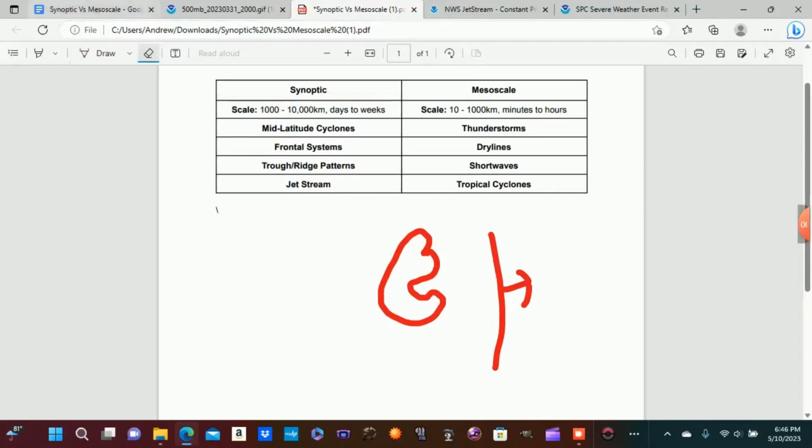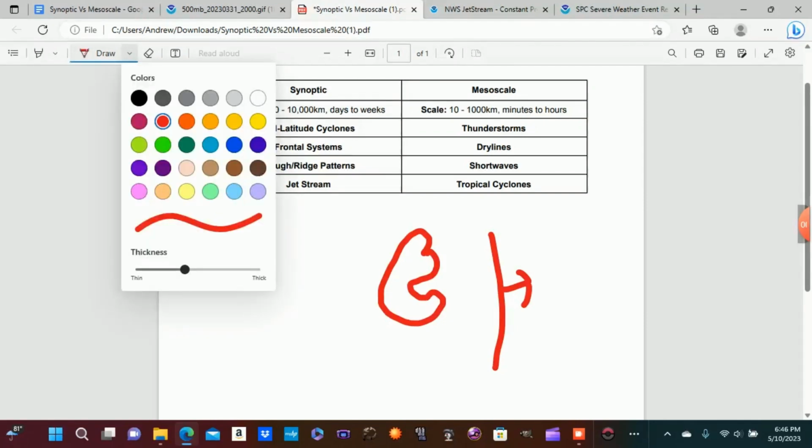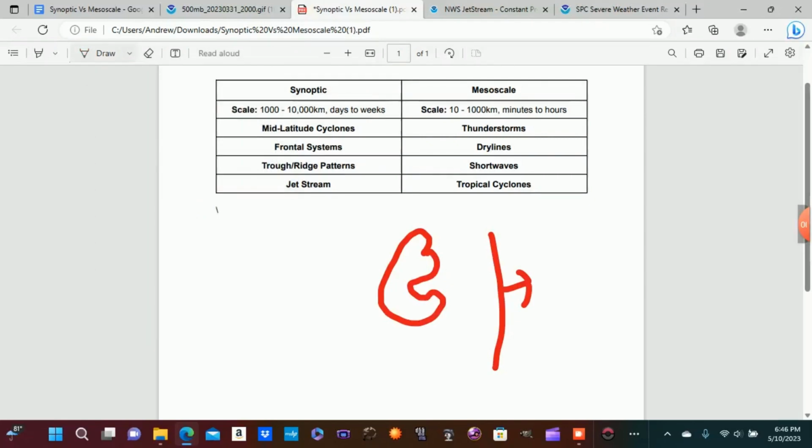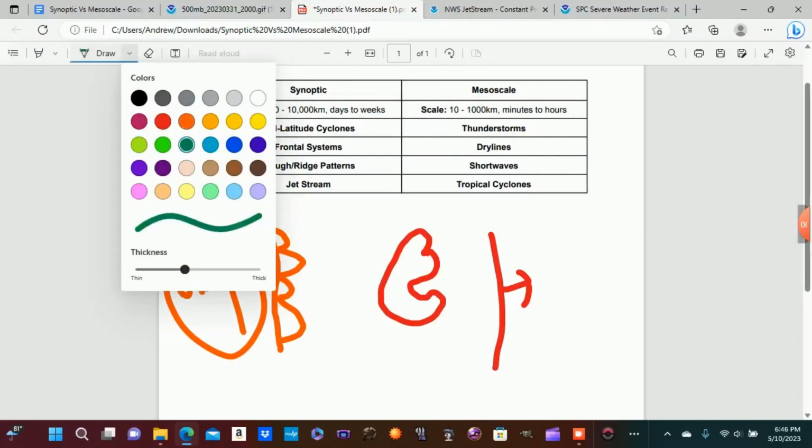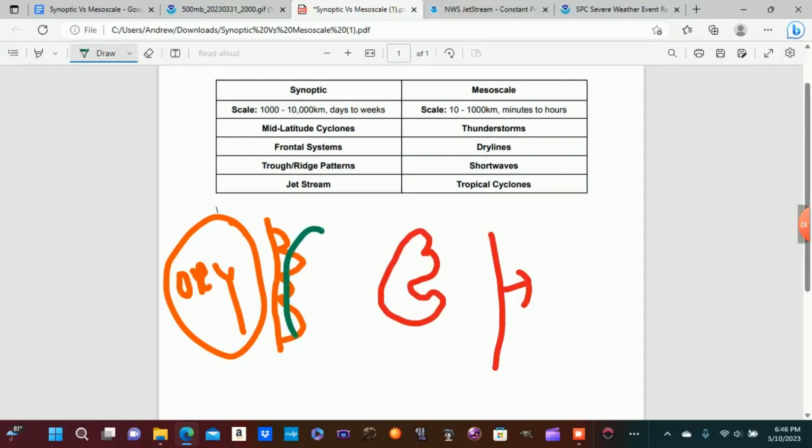And then next we have what we call dry lines, and those are surface features that border hot, dry continental air that's coming off of the desert southwest over here on the back side of your dry line. And then you have moist air that's coming off of the Gulf on the other side of your dry line over here.